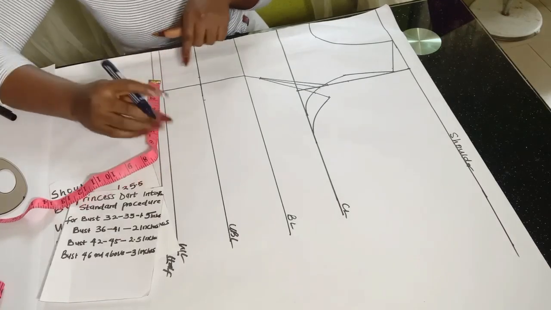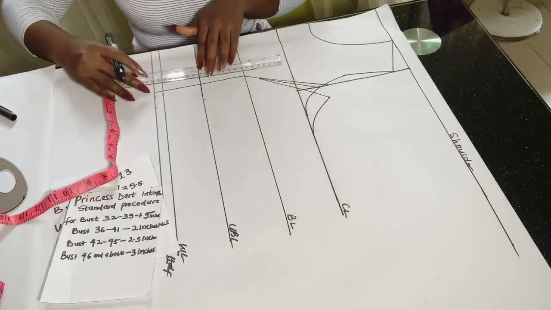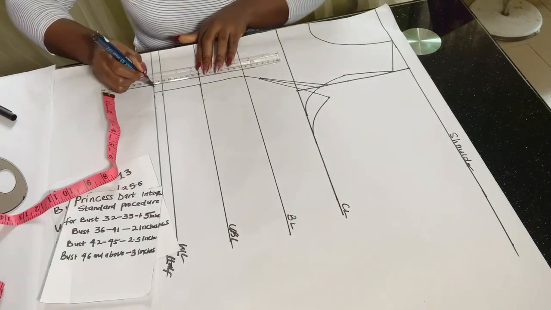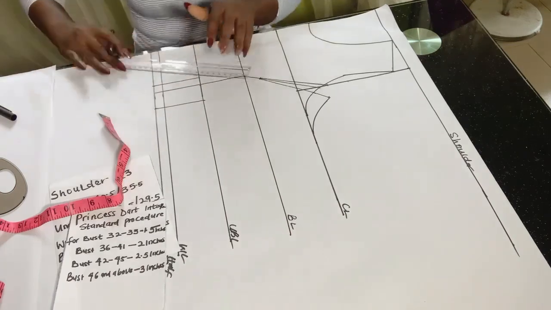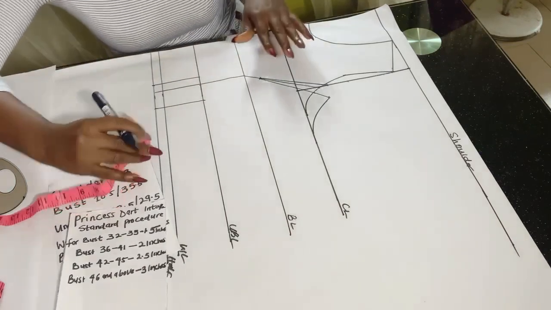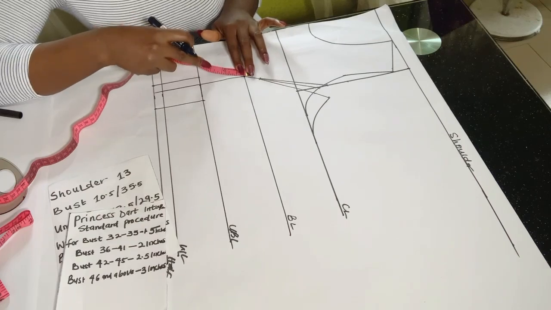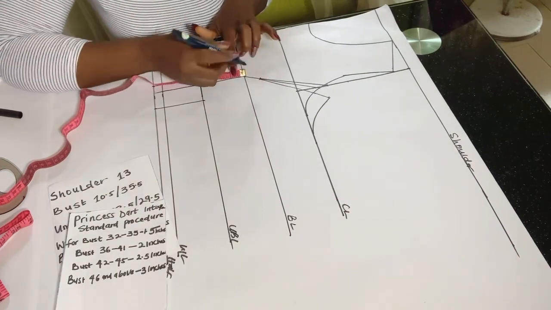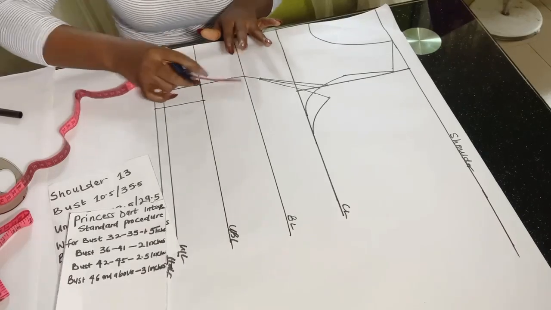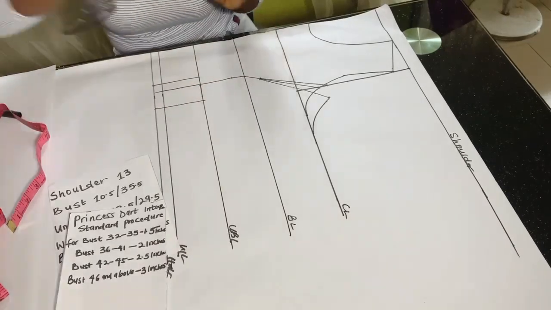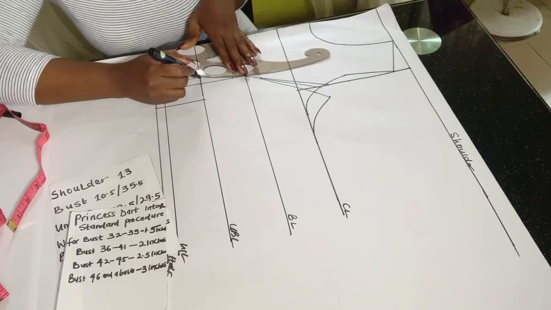You're taking this just on your under bust to your waistline. Then from your bust line, you're going to be coming down by 1 inch. Remember we went up by 1 inch. So from this 1 inch here, we're going to be connecting. So you connect this way.